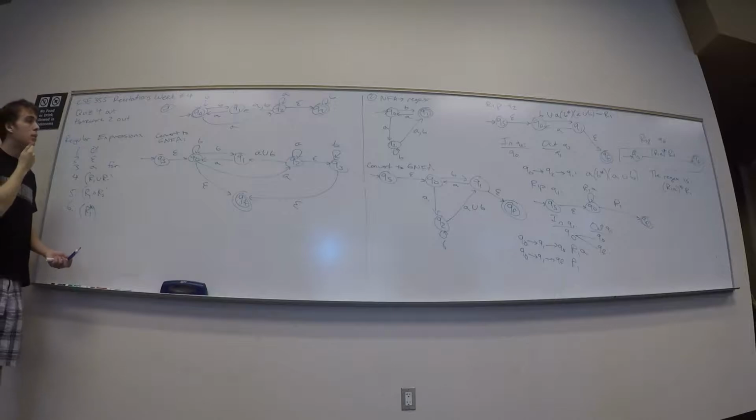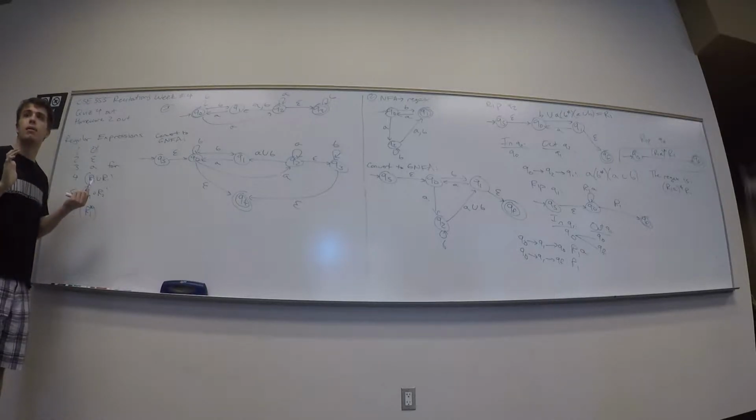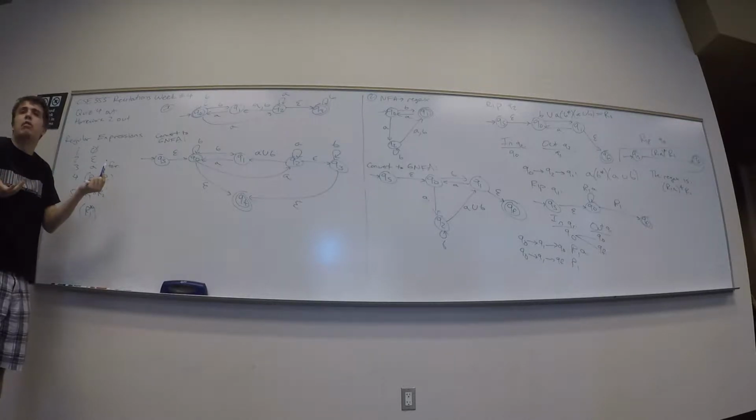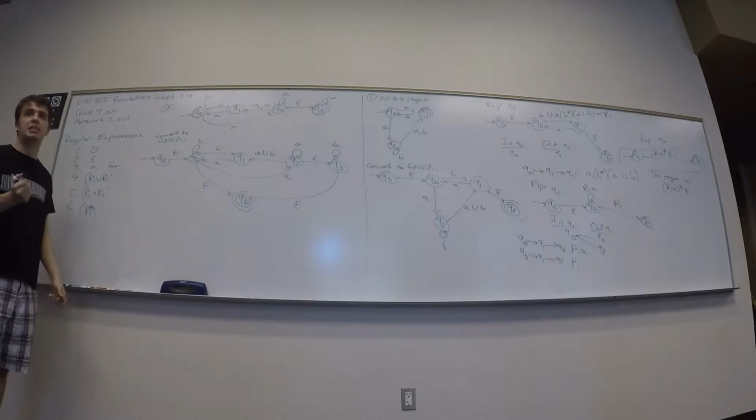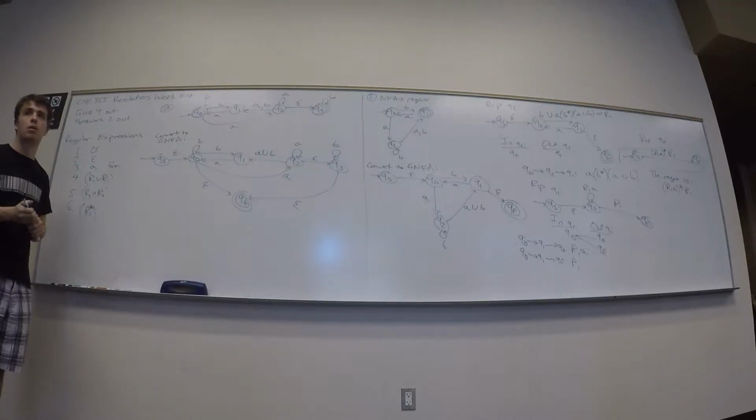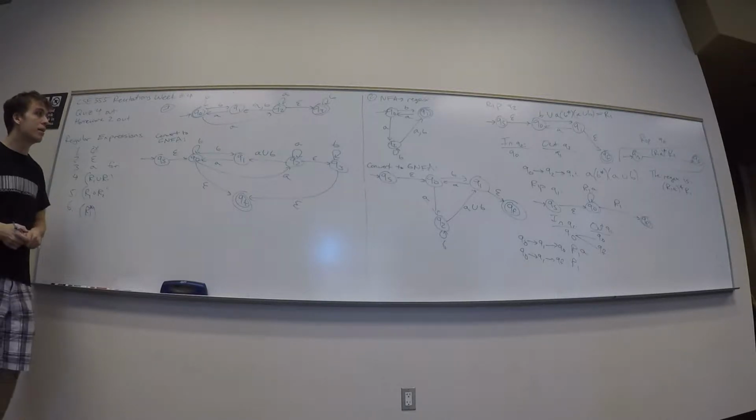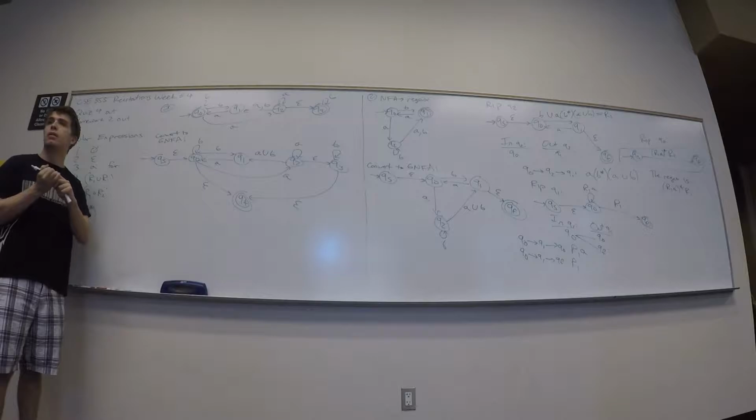Next. So, what's the step we need to do now? I think we have to rip states out, right? So, any suggestion as to what state to rip out? Q3, and any particular reason?